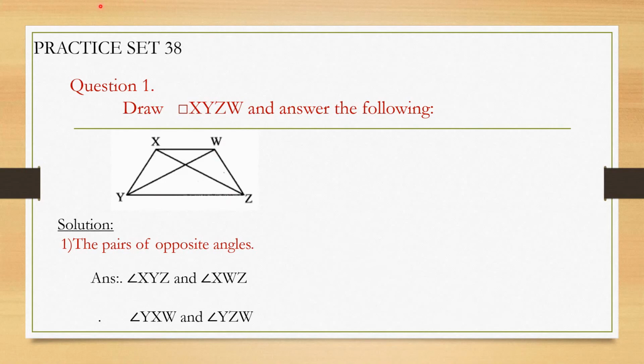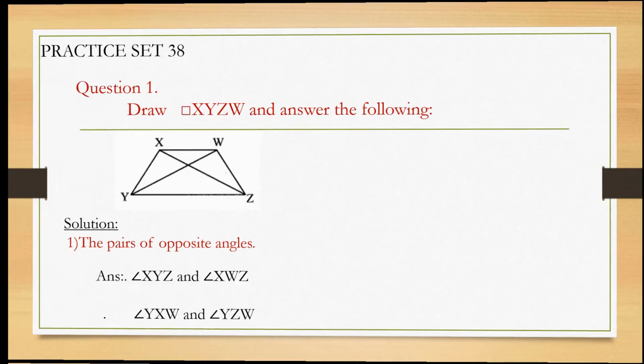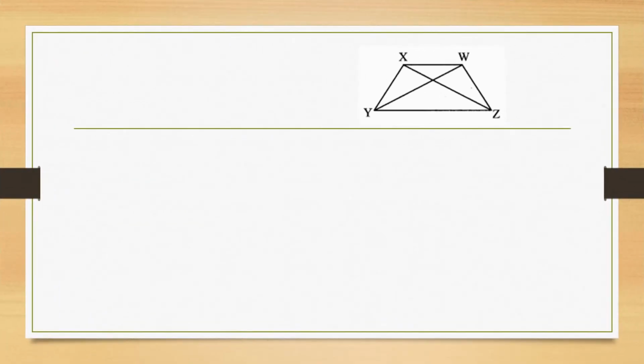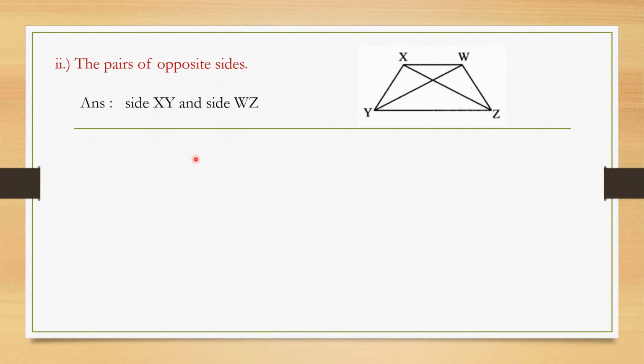Second question, pairs of opposite sides. In this quadrilateral XYZW, the pairs of opposite sides are side XY and side WZ, and second pair, side XW and side YZ. Third question, the pairs of adjacent sides.